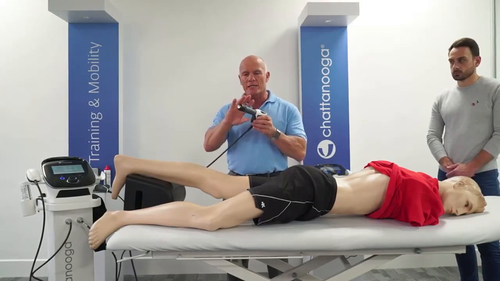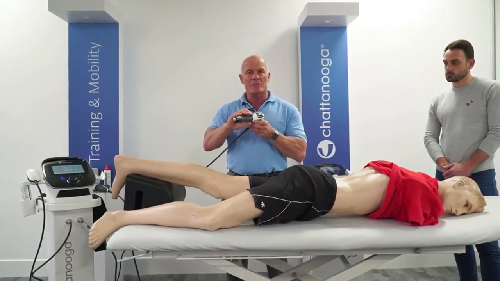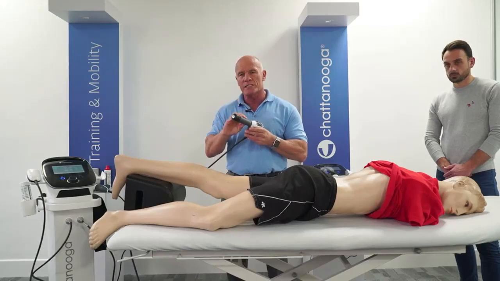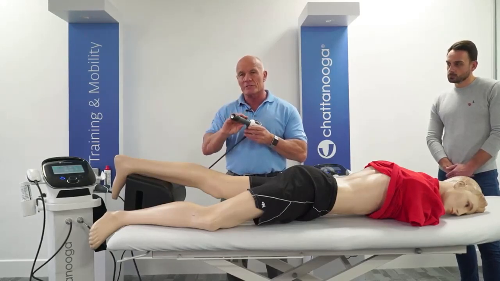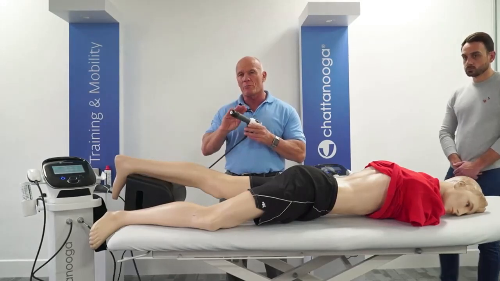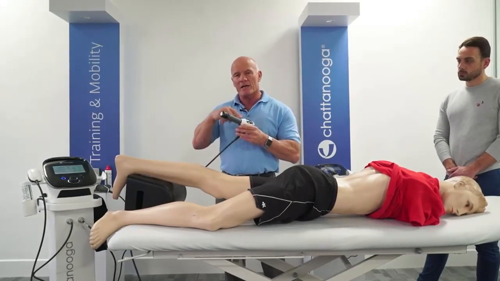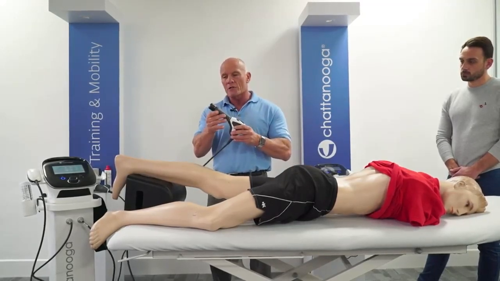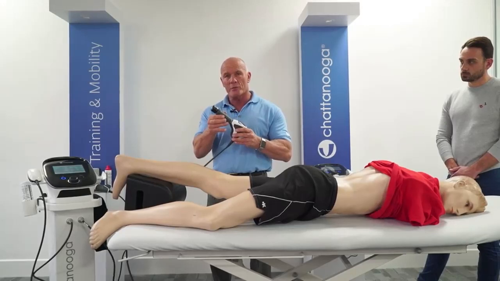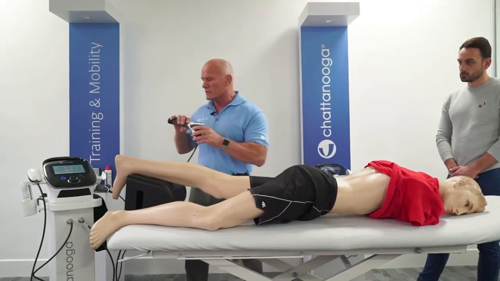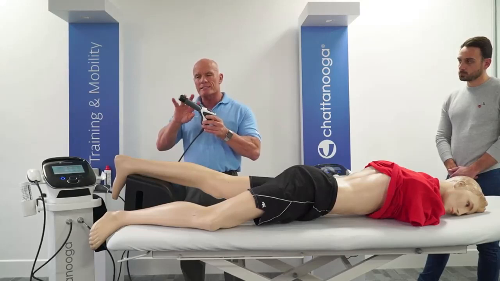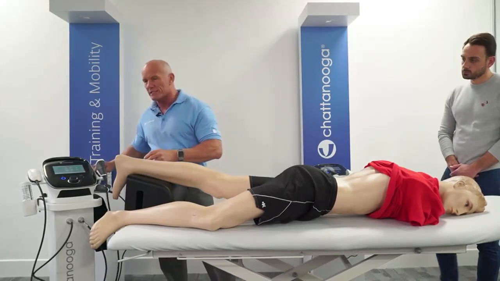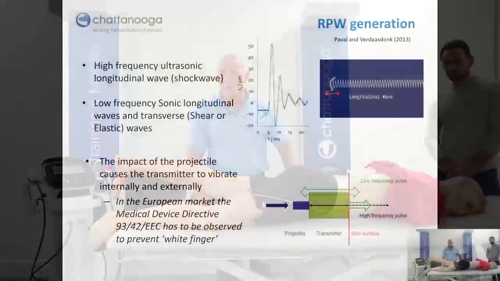White finger is where you get continuous vibrations in your fingertips and you lose the blood flow, and it's an extremely painful condition. So there are manufacturers selling machines on the market that have not passed that directive, and they have to advise their customers not to use their machines for more than 20 minutes at a time and a maximum of 2 hours per day. So, an important consideration: this handpiece, titanium, steel, and nice cushioning so you don't get that effect in your fingertips. Okay, so move on.